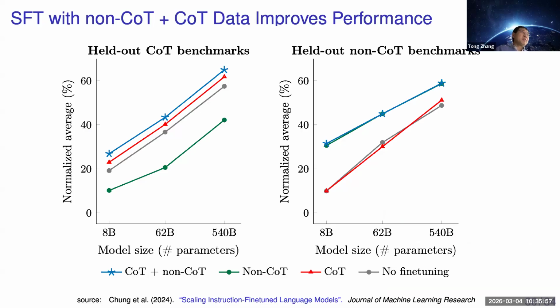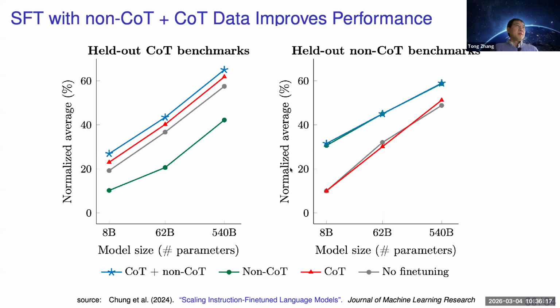What is interesting is let's say I have a COT, right? If you have held out COT, it has improvement from non-COT to COT, right? And the best is non-COT plus COT, okay?